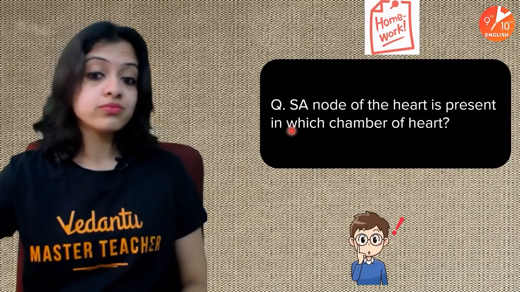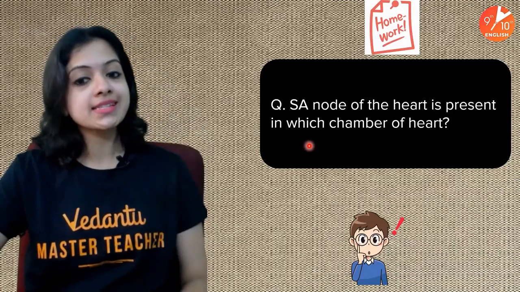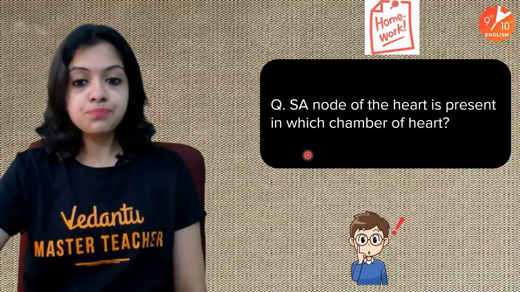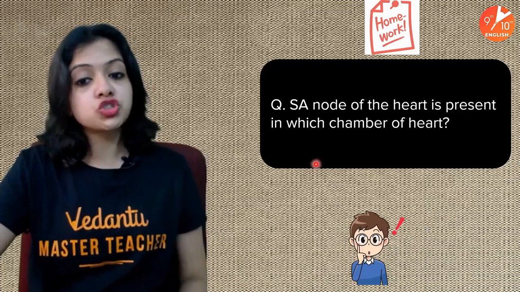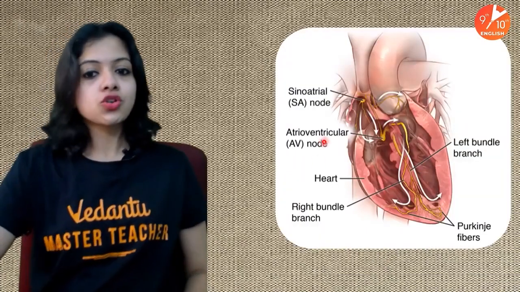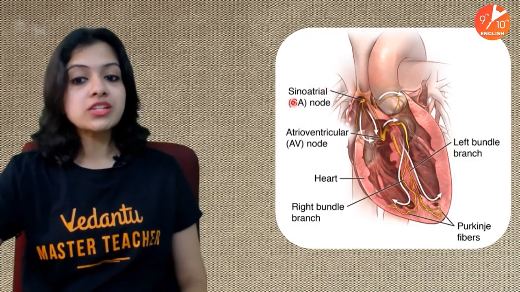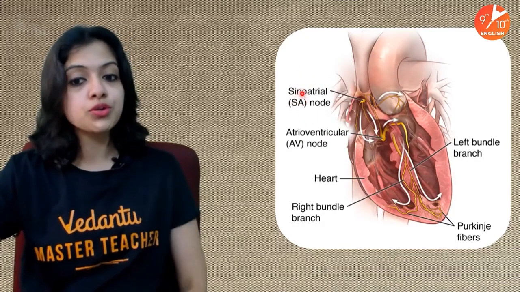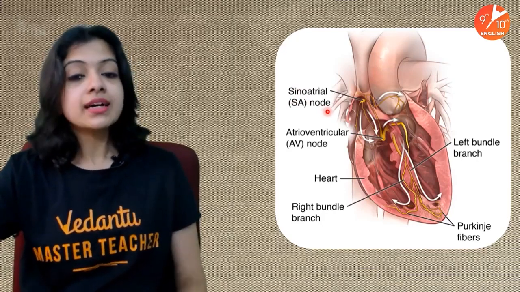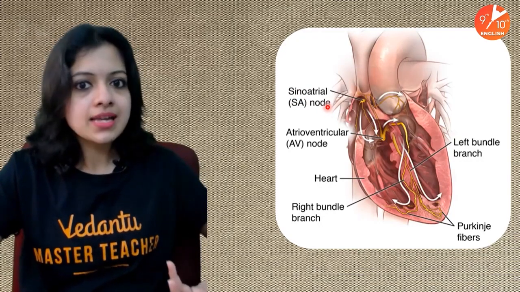Now let's talk about the homework question I gave you in the last session, which is: the SA node of the heart is present in which chamber? So yes, this is the SA node, which we call the sinoatrial node. If you remember, I've told you that this is what we call the pacemaker of the heart, right?